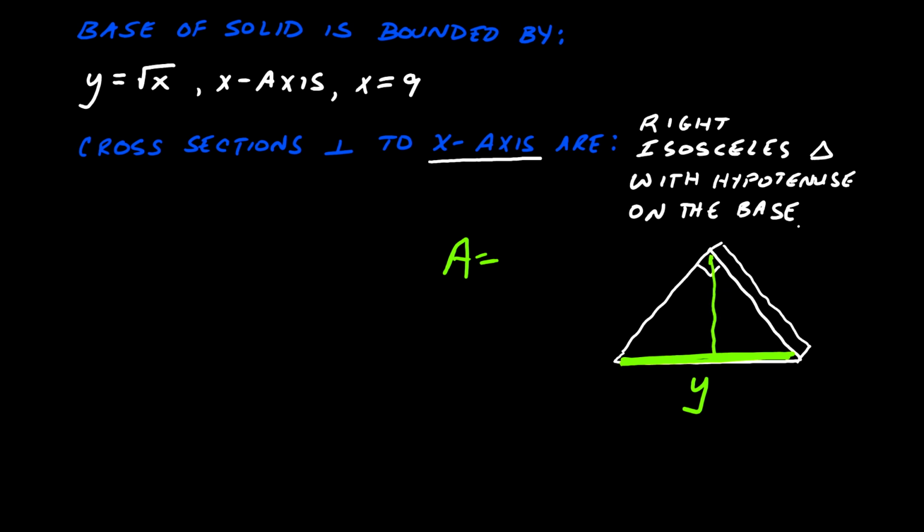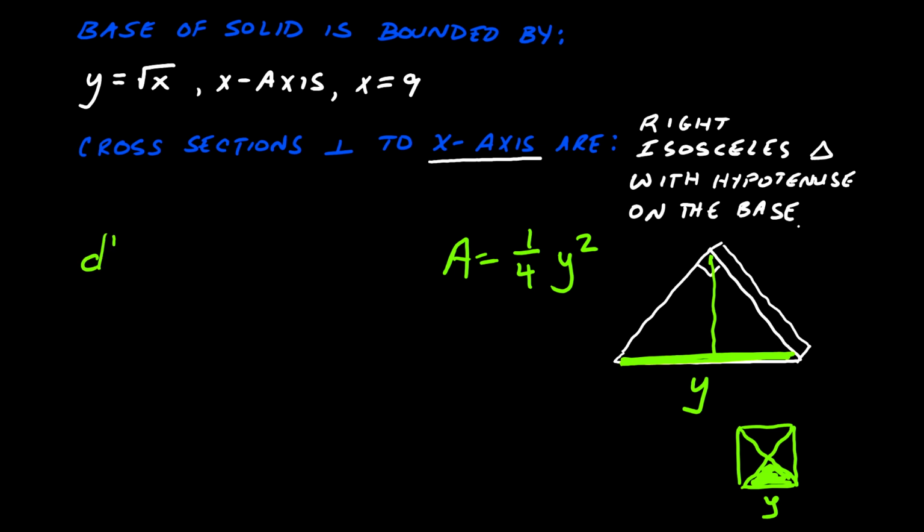We could drop an altitude and use 45, 45, 90s, or we can be a little smart about it. We can think about a square, and if we were to draw two diagonals, and look at this bottom piece right here, we would have a right isosceles triangle with the hypotenuse as the side length. So if we do that, we'd understand that we simply have a fraction of the square. We have 1/4 of y squared as our area.